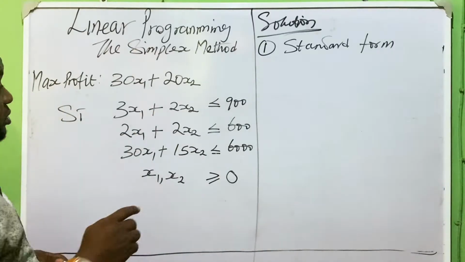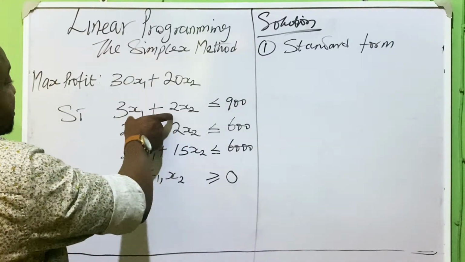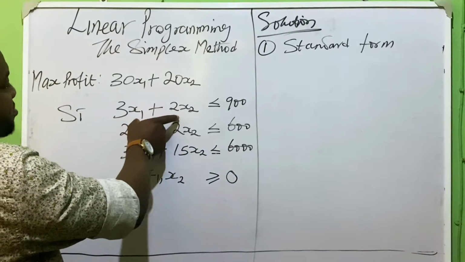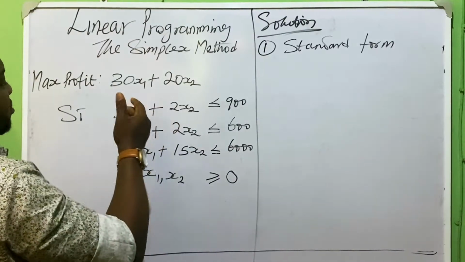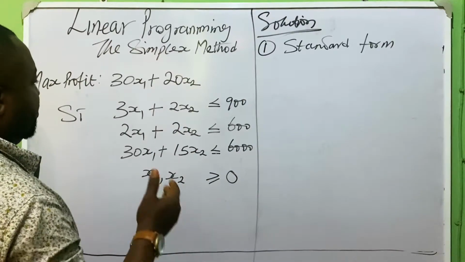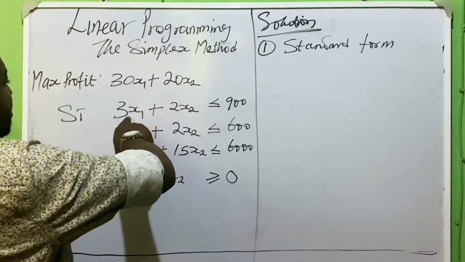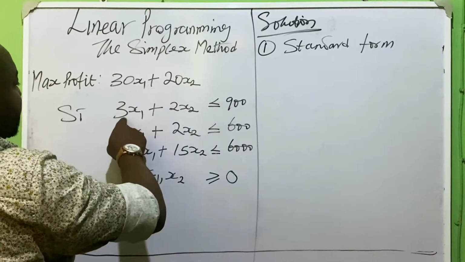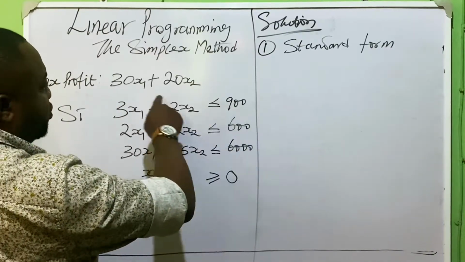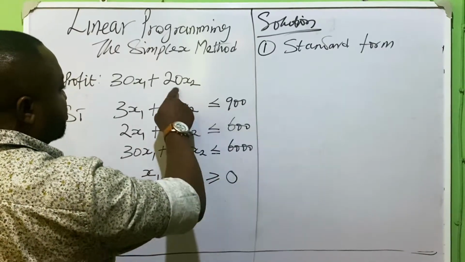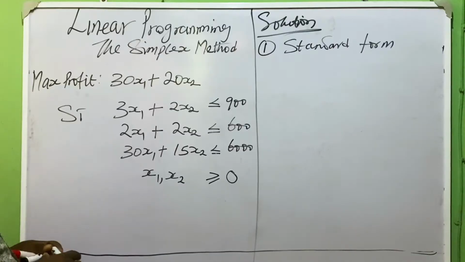By explanation, it simply means that, since this side, the left hand side, represents the input output ratio, for instance, for us to make 1 unit of product X1, 3 units of this resource will go into it, and 2 units of this resource will go into the production of 1 unit of X2.